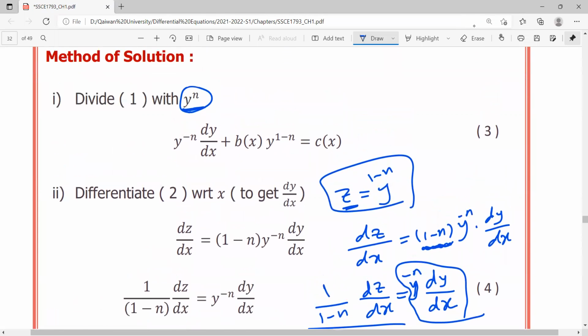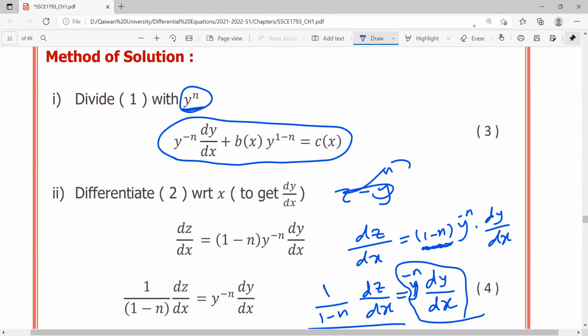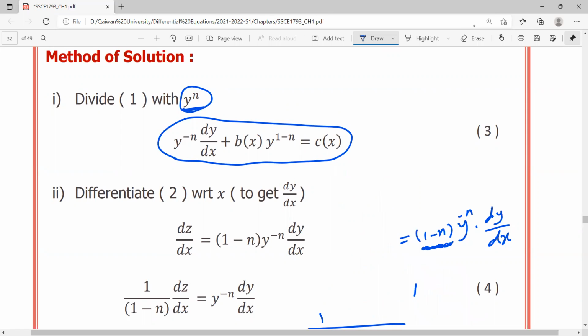After dividing by y to the power n, we get this form of the equation. And we get this equation.